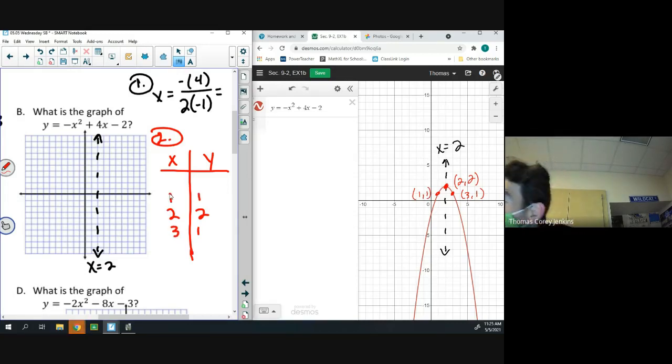So now we're starting to see that symmetry on both sides. And then from the vertex, we could go down 4 units and over 2 units either way. So that puts me at 4, negative 2, also 0, negative 2.